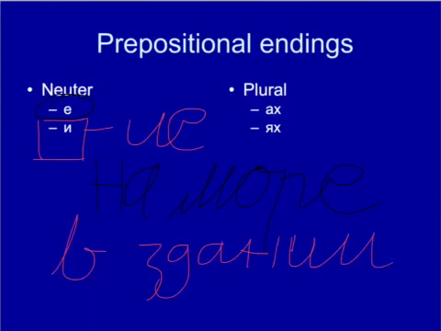The prepositional plural for all of the words, whether it's masculine, feminine, or neuter, all of them end in -akh for hard endings and -yakh for soft endings. Akh, yakh, nice and easy.